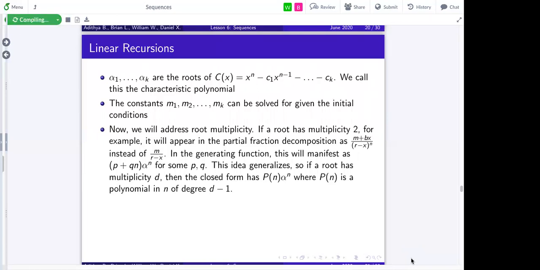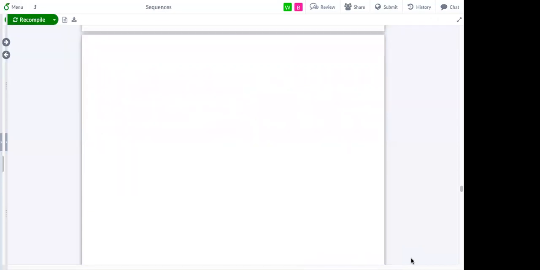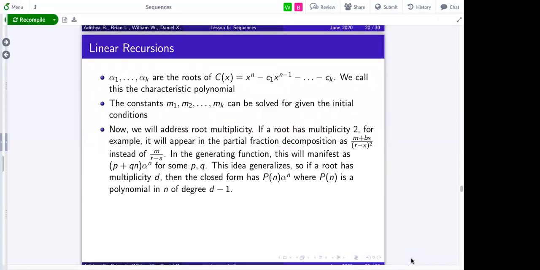It's going to appear in the partial fraction decomposition as some linear function over r minus x squared, because that's how partial fraction decompositions work. With this form, once we plug it into the generating function, it's going to become some constant times alpha to the n.